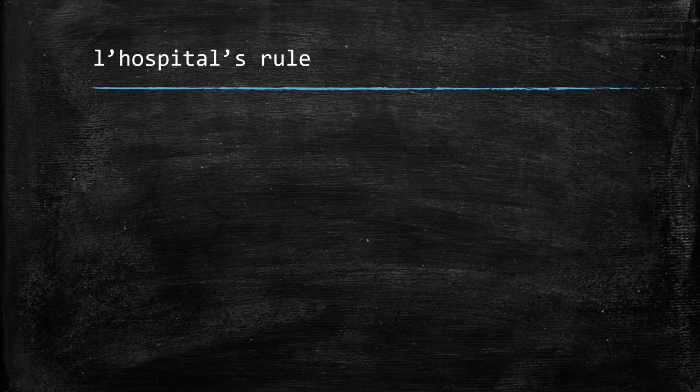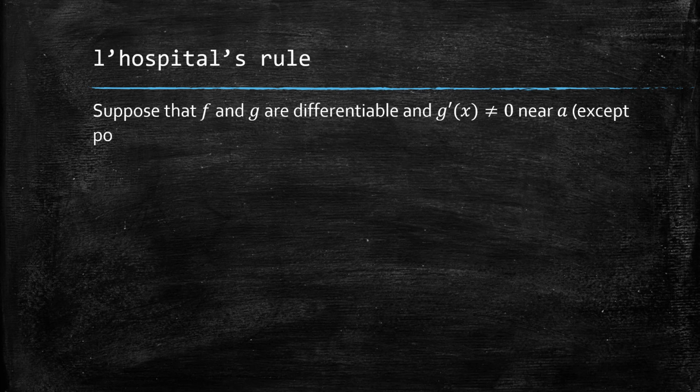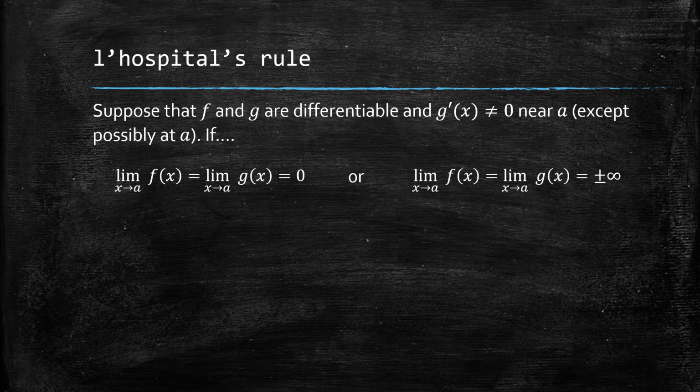So L'Hopital's rule. Suppose that f and g are differentiable functions, and there's that restriction on g prime I'll explain in a moment. There are two scenarios. Either the limits of f and g are both 0 as x approaches a, or they are both positive or negative infinity.